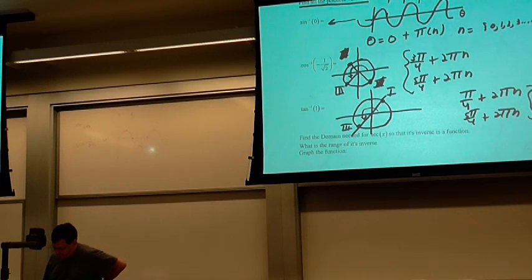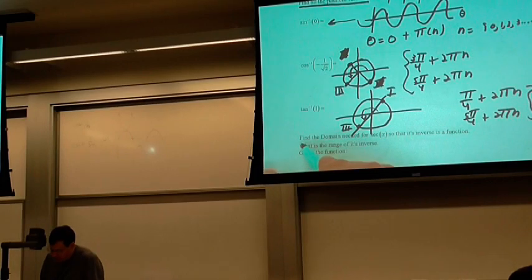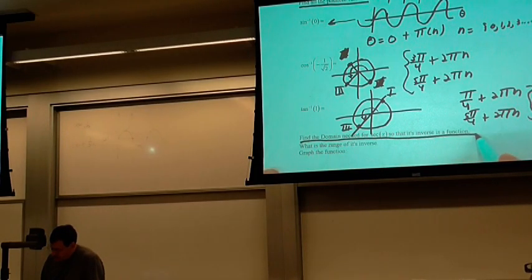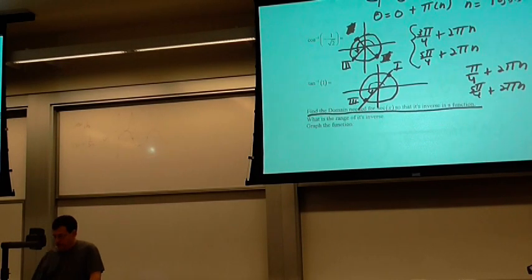Next question. Has anyone worked on this thing, or did they just think it wasn't important? Find the domain needed for secant of x so that its inverse is a function. Well, there's an obvious trick here.